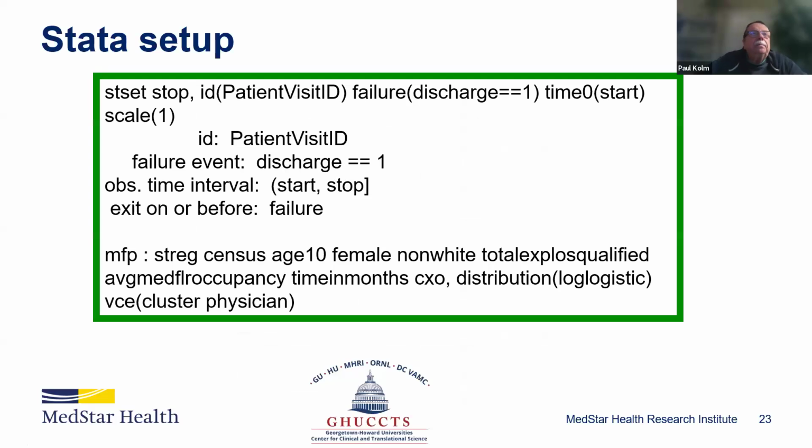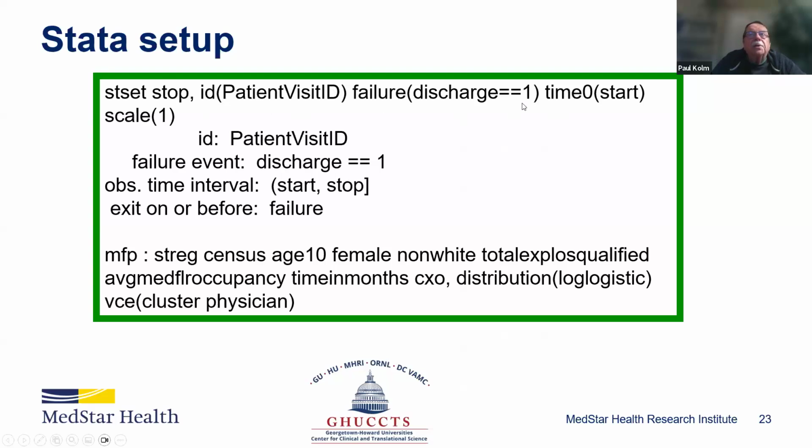So here's the setup in Stata. I use Stata because it's really easy to do this in Stata, but you can do it in R or other software as well. We have our time interval from start to stop, where time 0 is their start. We have the patient visit ID, we need to include that.